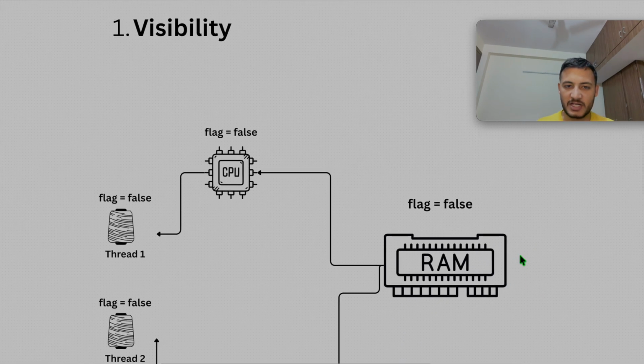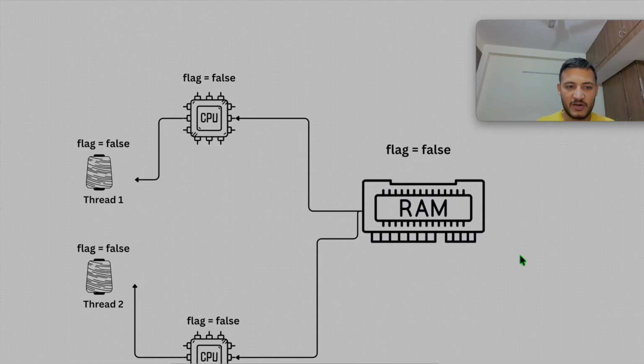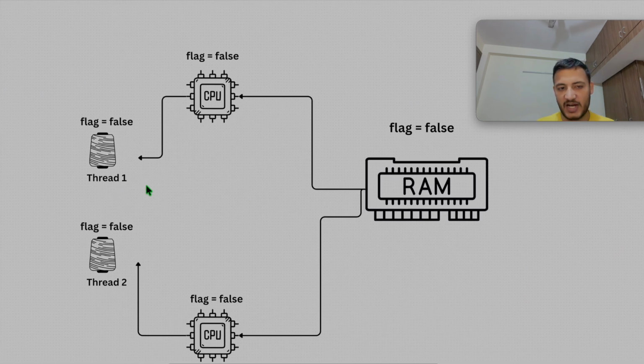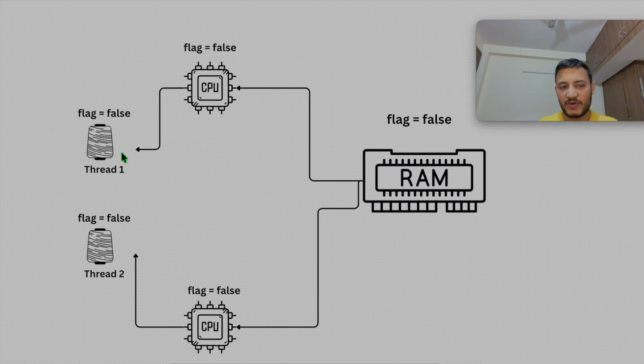First is visibility. Let's say we have thread 1 and thread 2. They are reading the value from memory. Let's say the value of flag is false initially. When thread 1 and thread 2 read the value from memory, usually they cache it in the CPU cache or registers.